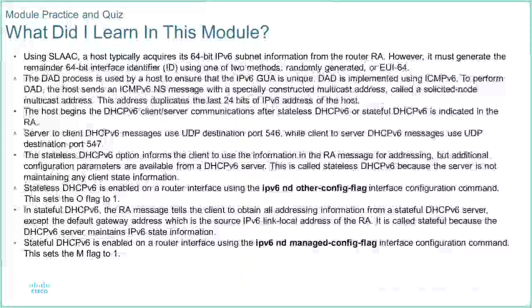We talked about the fact that the address can be randomly generated for the last 64 bits, or an EUI-64 method can be used, which is what's used on Cisco's interfaces by default, and the fact that Microsoft uses the random generated and Cisco uses the EUI-64.